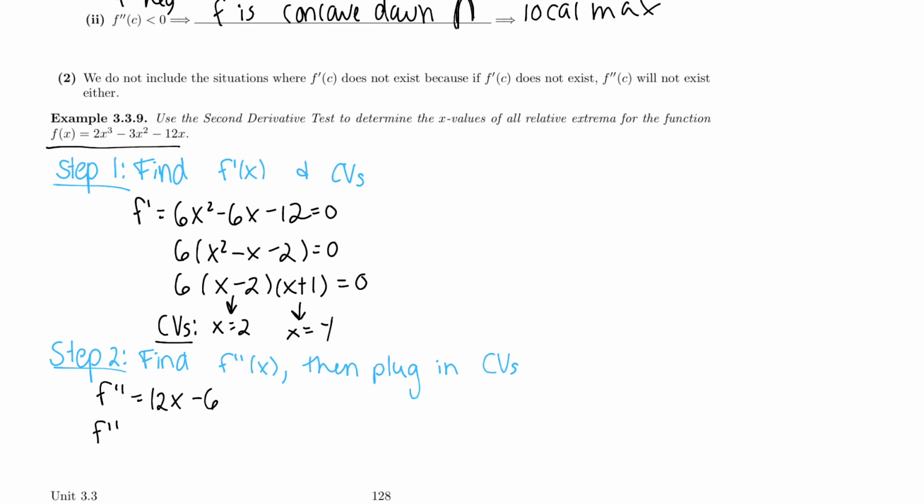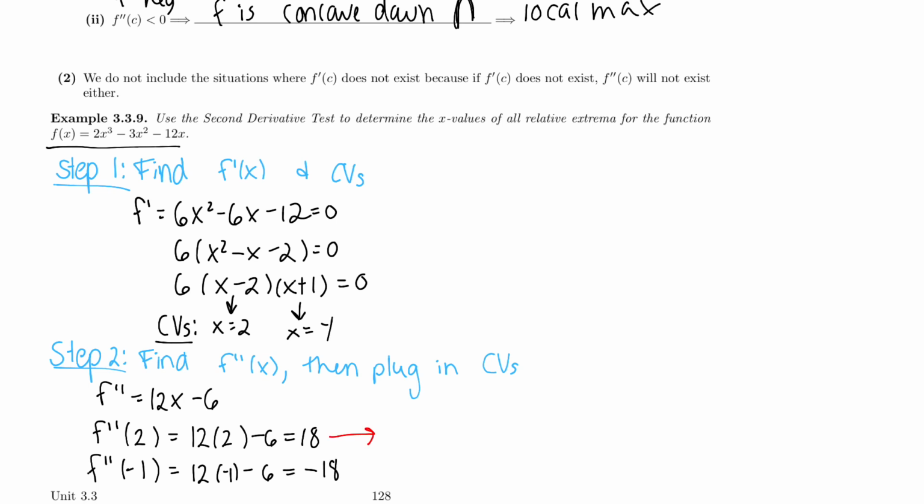So we plug in the critical values. f double prime of 2 is 12 times 2 minus 6, 24 minus 6, that's 18. f double prime of negative 1 is 12 times negative 1 minus 6, that's negative 18.